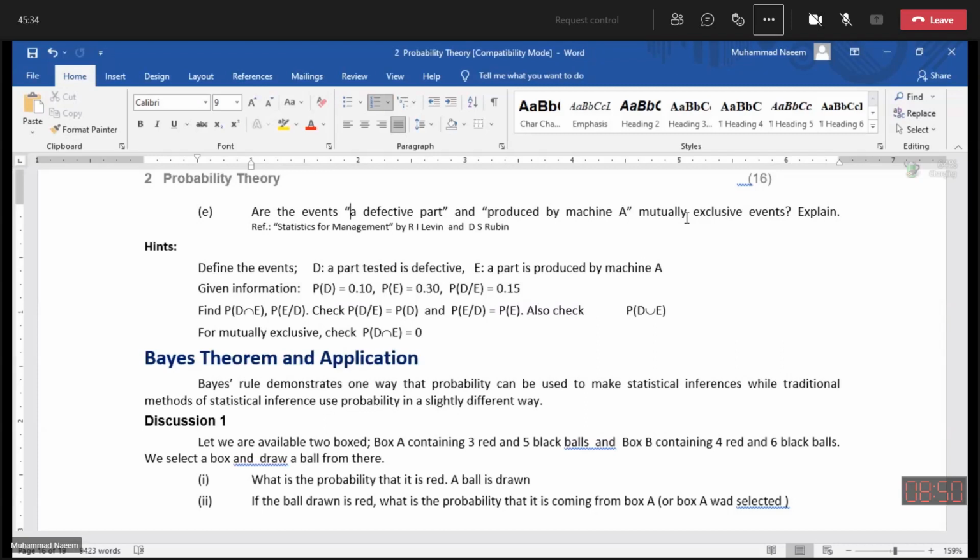If it is not zero, this means they are not mutually exclusive. If the probability of the intersection is not equal to zero, then both the events are not mutually exclusive. If the probability of the intersection is zero, then events are mutually exclusive.